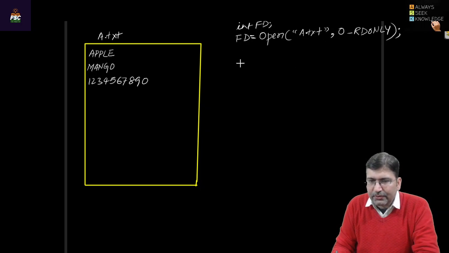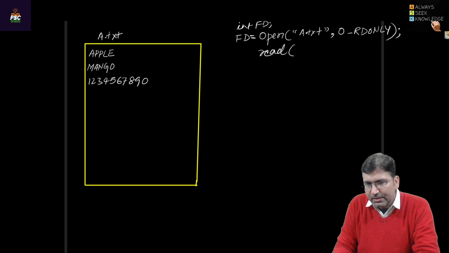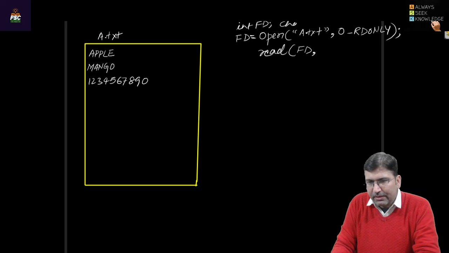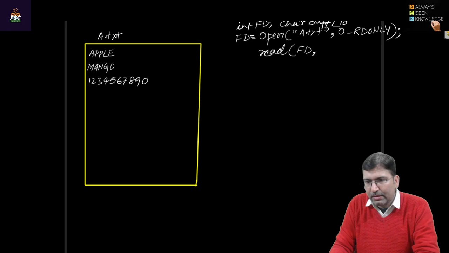If I want to read this file, I can use read system call, right? So if I use read system call and if I give this fd, if I want to read and store inside a buffer, I need to define one. So let's say I define a character buffer. So I'm giving, let's say, buff, and the size of buffer I'm assuming it is 10. So I use the buff here, and let's say I'm reading 10 characters.